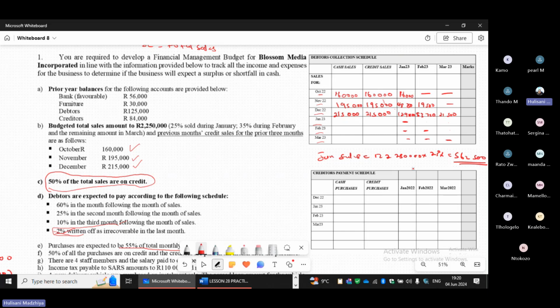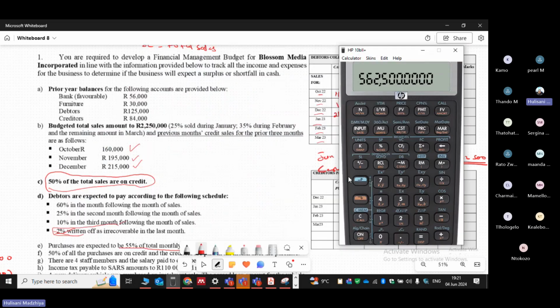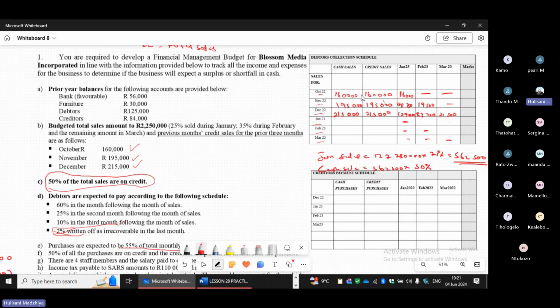With the total sales of January being 562,500, you can calculate the cash sales and credit sales. Cash sales will be 562,500 multiplied by 50%, which is 281,250.